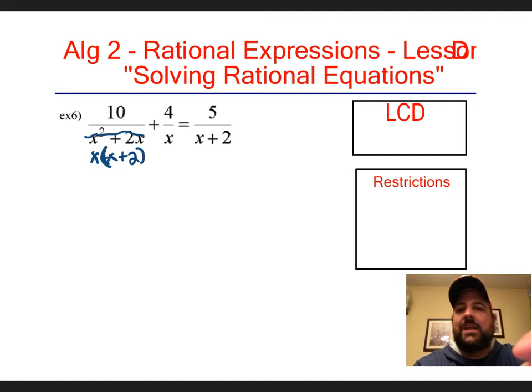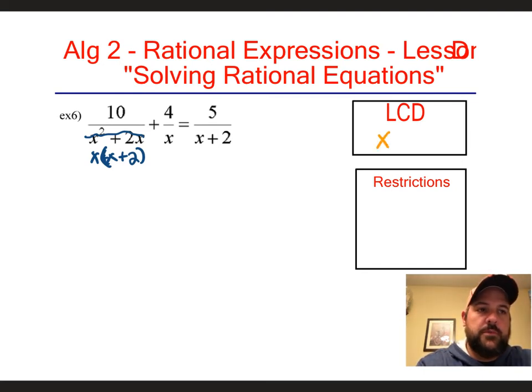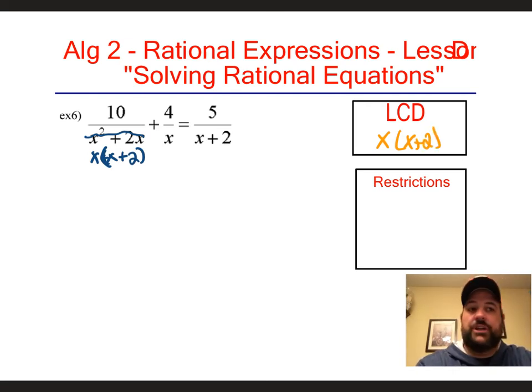Well, now when I look at my factors, I have x and x plus 2 in the first fraction. In the second fraction, I have x, which I already have in my LCD. And I have x plus 2 in the other fraction, which I also already have in the LCD. So those two expressions make up my LCD.